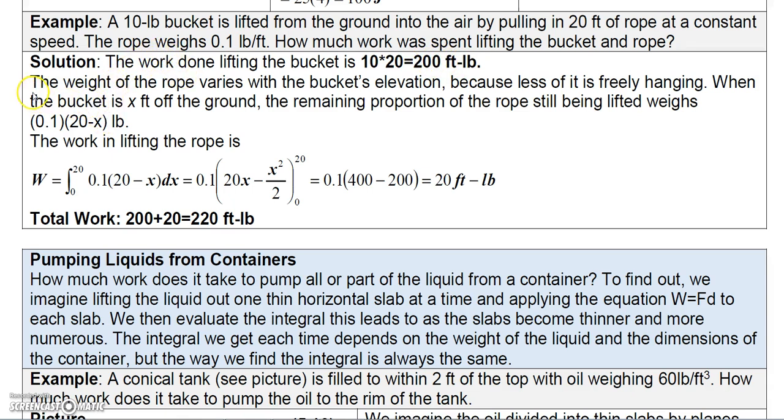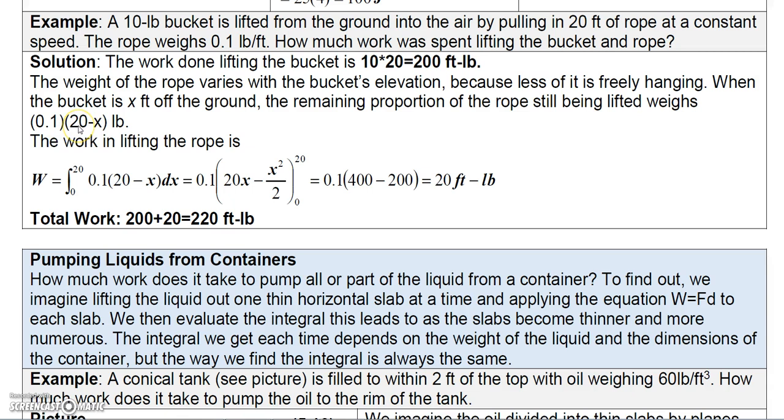Okay, now the rope is a different story because the weight of the rope varies with the bucket's elevation. So that's going to be a variable function. Think of it this way. When the bucket is x feet off of the ground, the remaining portion of the rope still being lifted is going to weigh 0.1 pound per foot times the number of feet.